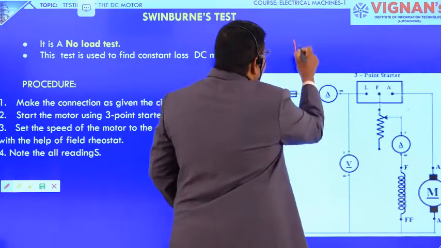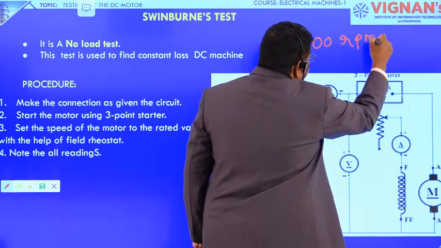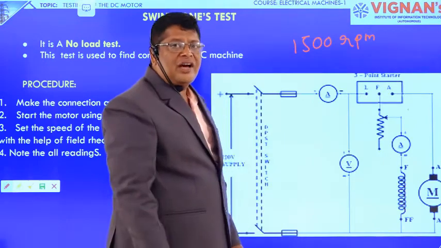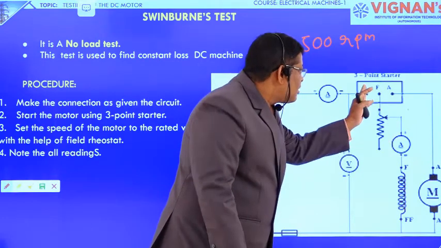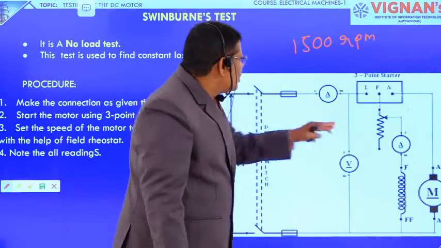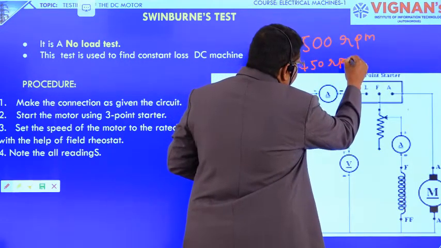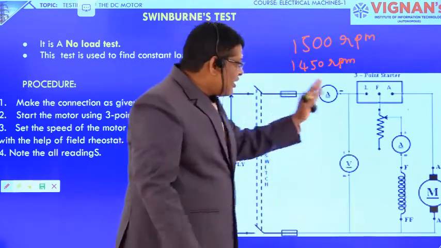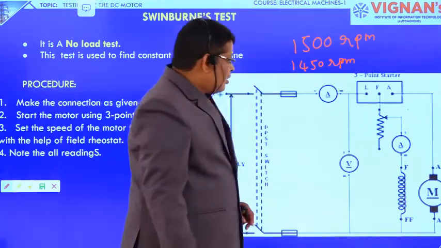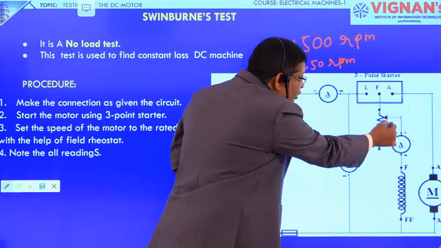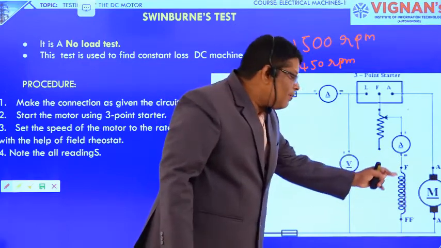Suppose the rated speed of the motor is given as 1500 RPM. Initially, after starting the motor by means of a 3-point starter, if the motor is running at 1450 RPM, now by changing this rheostat the flux will decrease and the speed of the motor will increase.